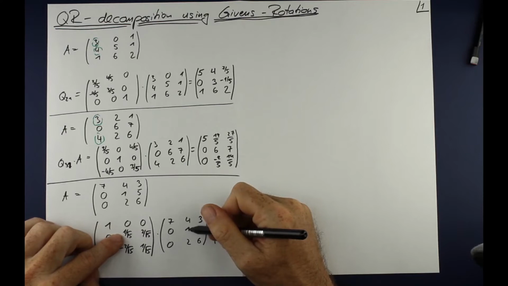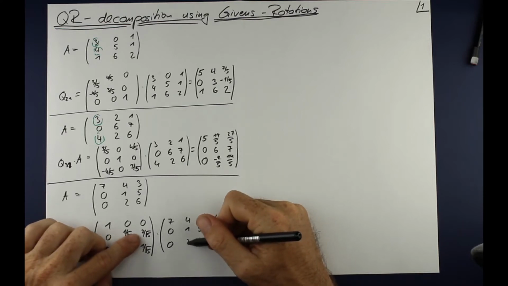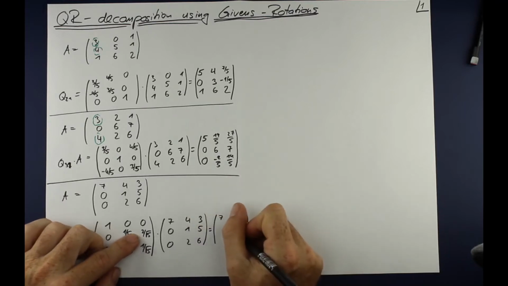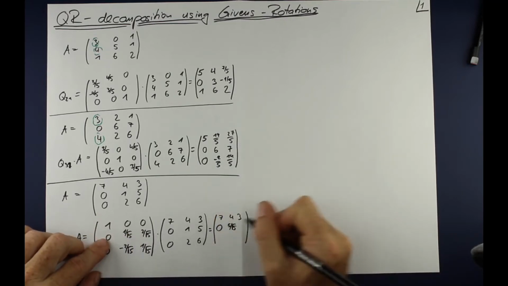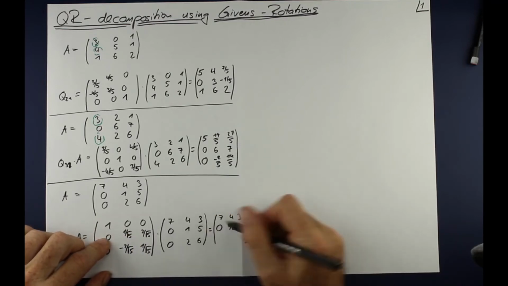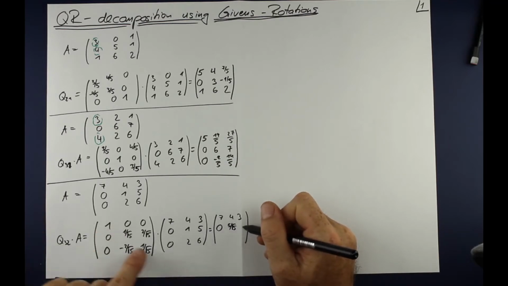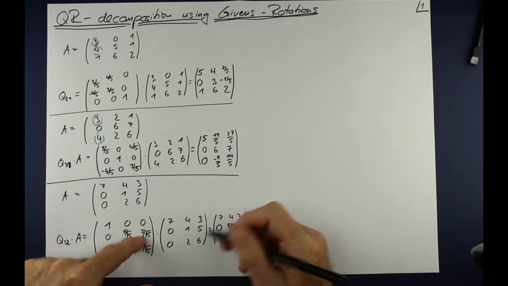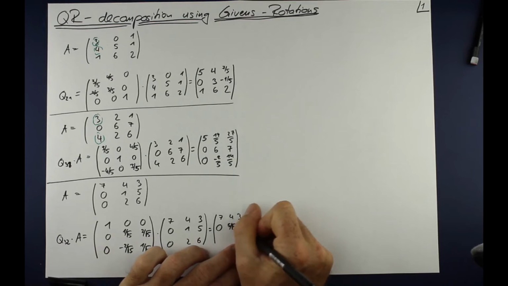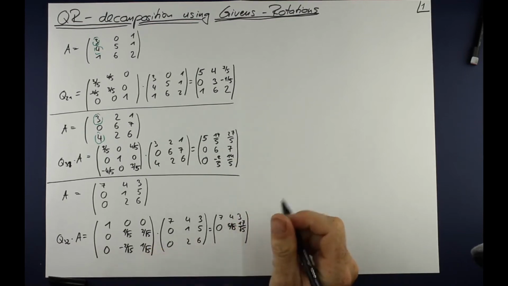Let's multiply. And we get the first line is copied, and then the second line. 1 divided by square root 5 plus 4 divided by square root 5. So we have 5 divided by square root 5, which is square root 5. Here we have a 0, and here we get 5 plus 12 divided by square root 5, and the sum is 17 divided by square root 5.